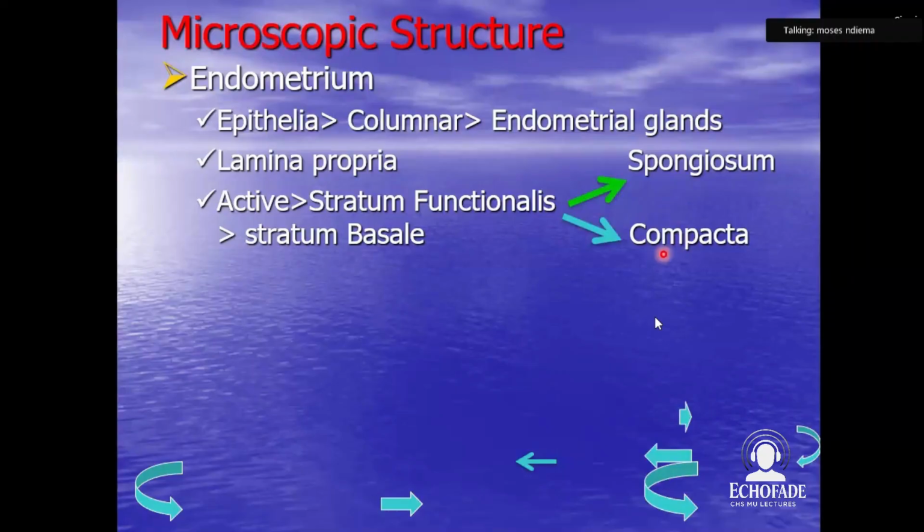We refer to this as stratum compacta. And below that is the stratum spongiosum, and stratum spongiosum contains the endometrial glands, with a lot of blood vessels, with less connective tissue compared to stratum compacta.